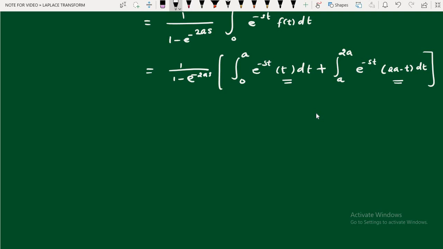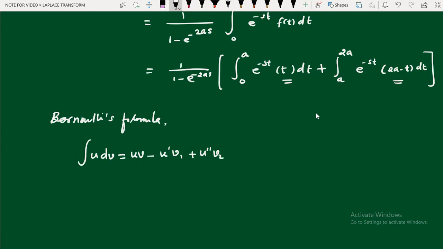So what does Bernoulli's formula say? Integral u dv equals uv minus u dash v1 plus u double dash v2 minus u triple dash v3 plus, etcetera.